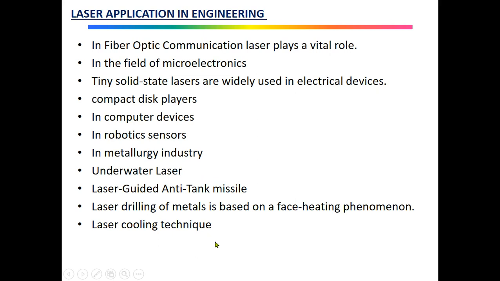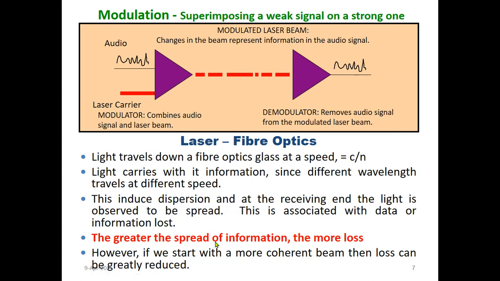Now, to describe it more clearly, consider modulation in fiber optical communication. In fiber optical communication, the laser travels down a fiber optic glass at a speed c by mu, because c is the speed of the electromagnetic wave and mu is the refractive index.